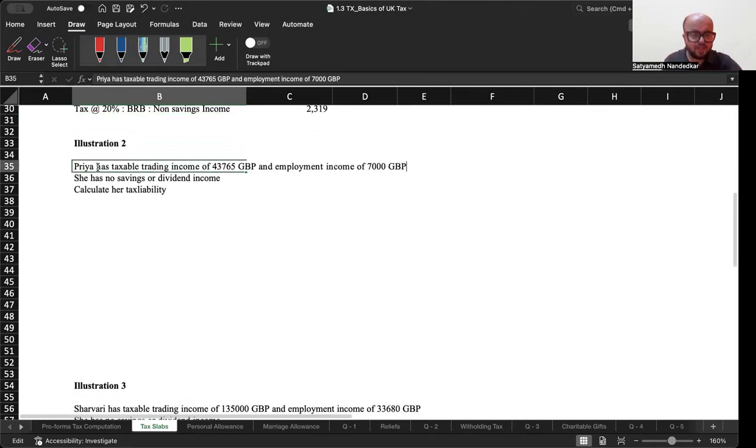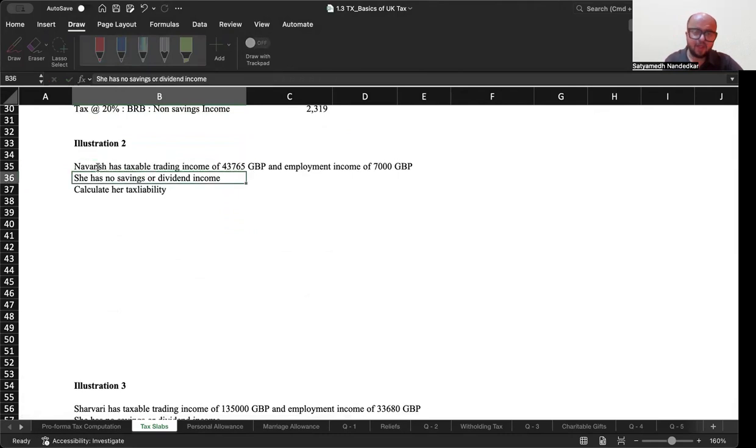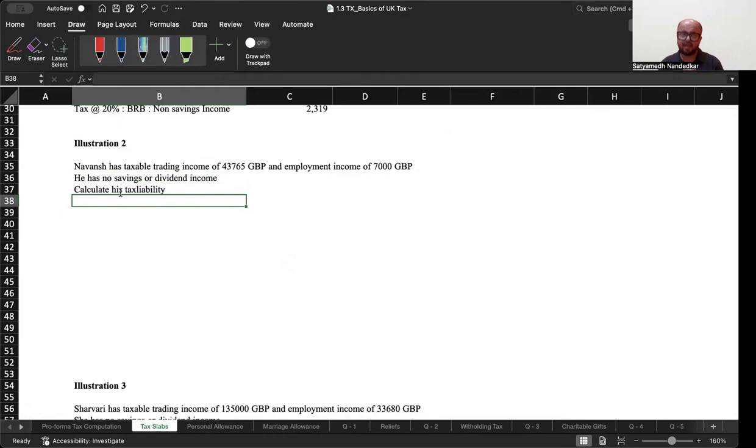Now, Navansh has taxable trading income of 43,765 and employment income of 7,000 pounds. He has no savings or dividend income. Calculate his tax liability. The first thing is, before calculating tax liability, you need taxable income. Before calculating taxable income, you need total income.